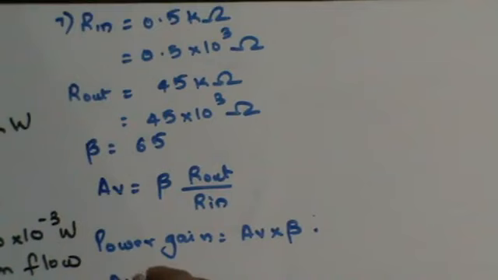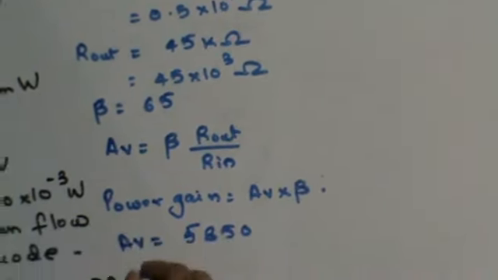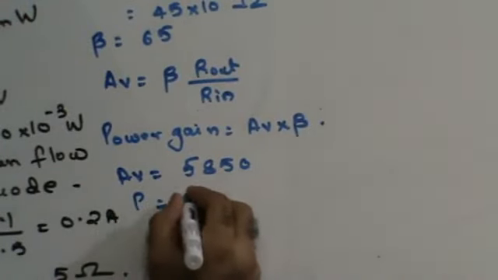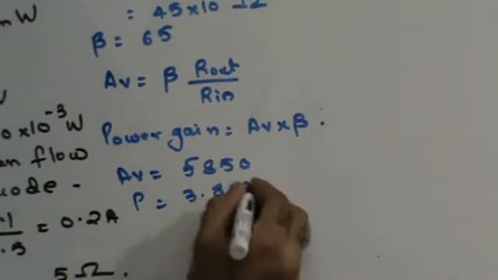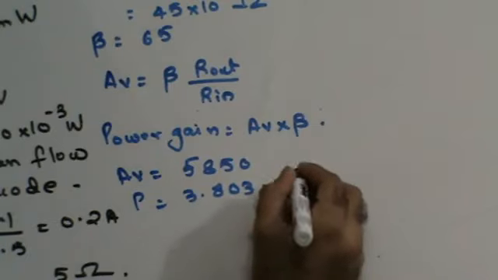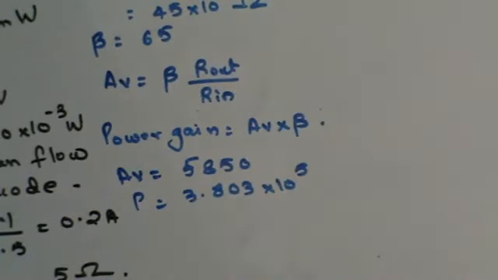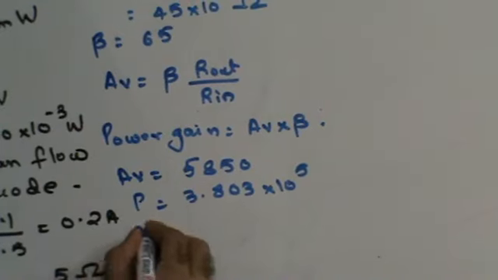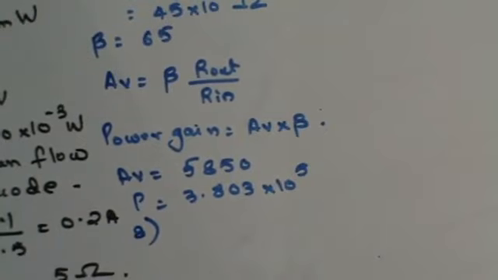AV, voltage gain, should come out to 5850 and my power gain should come out to 3.803 into 10 raised to 5. No units because it's just a ratio. Next, take down the next one please.